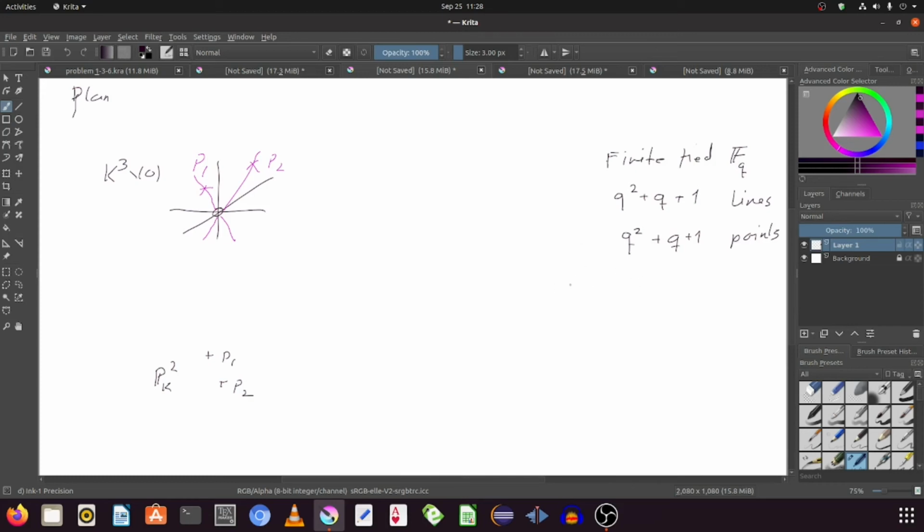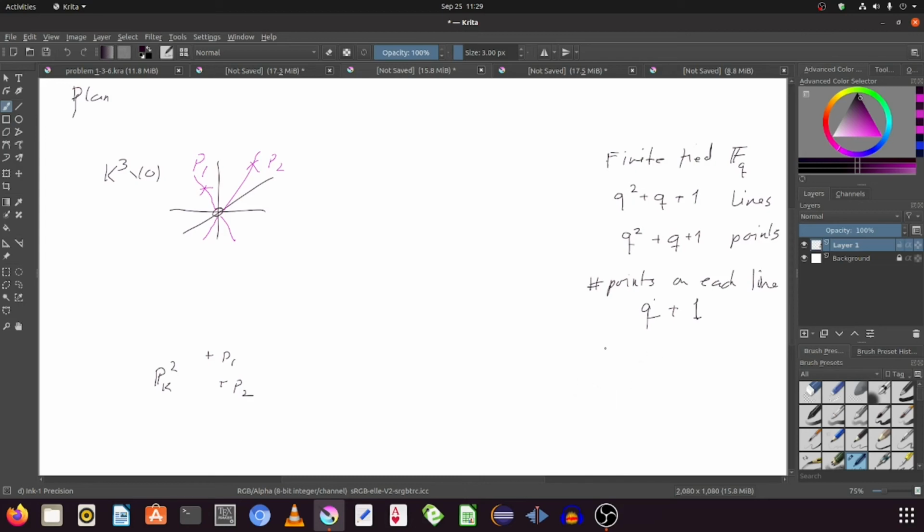And number of points on each line, well, in the affine case, we have q, and then we get 1 point at infinity. So it's q plus 1 points on each line. I don't know if we'll be using this later.